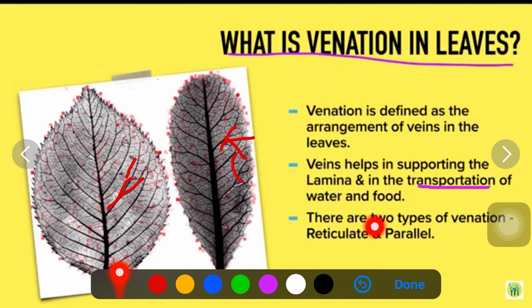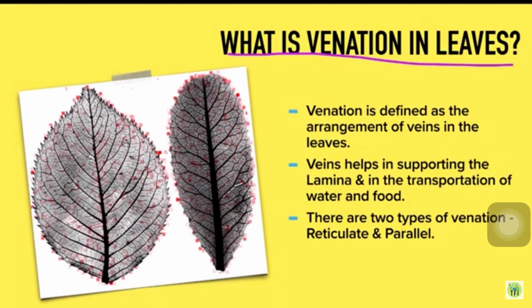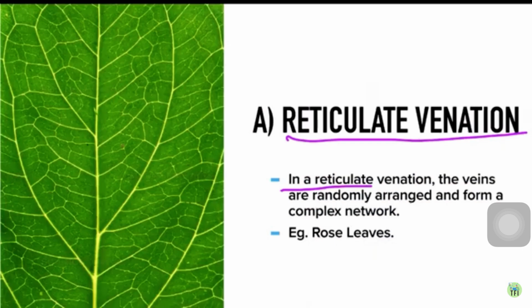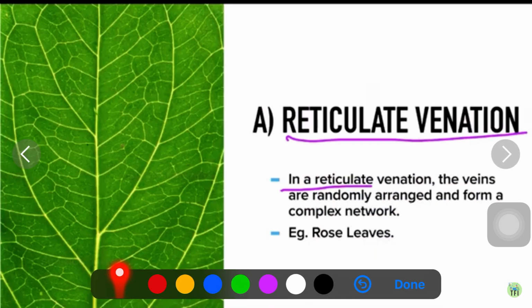There are two types of venation, reticulate and parallel. Now let us see reticulate venation in detail. As you can see in the image, reticulate venation is formed. Students, reticulate venation is the one in which veins are randomly arranged, not in a sequence.